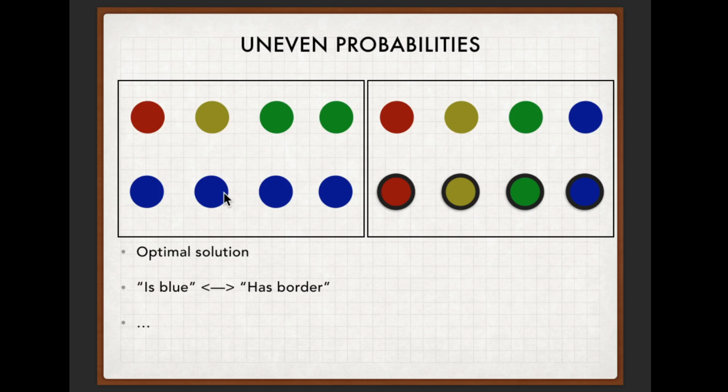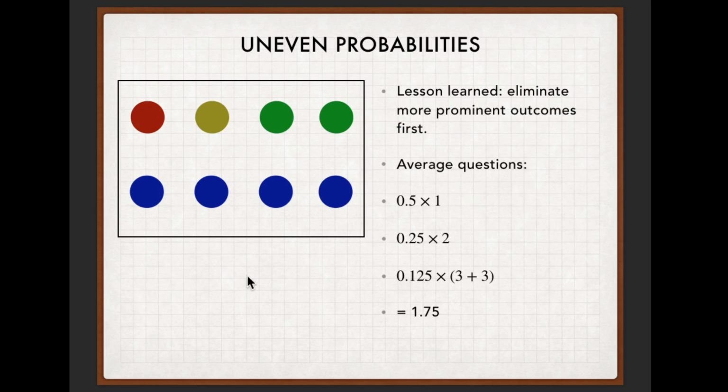So by asking whether the color is blue, you remove half of the uncertainty. This intuition suggests that we should ask the more prominent outcomes first. Therefore, either you hit the right answer or you remove a larger portion of uncertainty from the uncertain space.